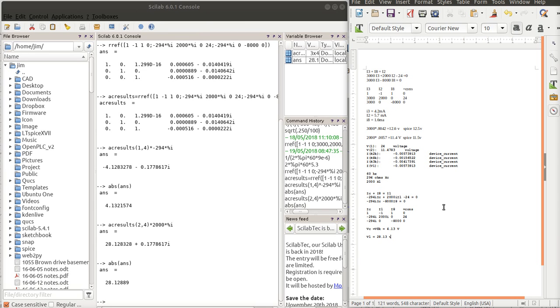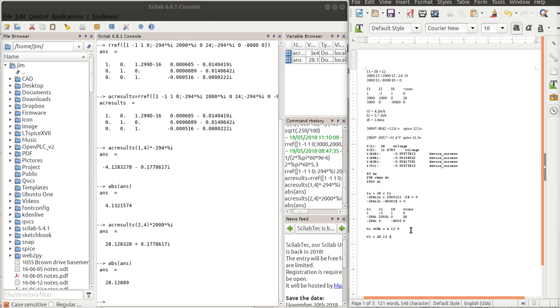If you really want to torture yourself, try it in Excel. I think it'll do it, but some of the commands are just, you'll spend a lot of time in the help files looking to see how to do things. With Scilab, it's pretty straightforward. It's just a handy all-around tool.